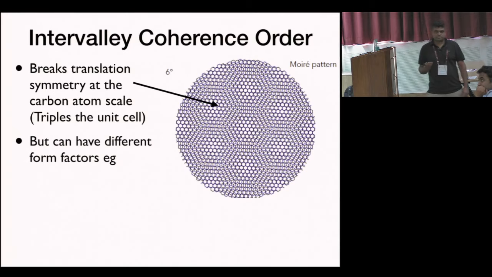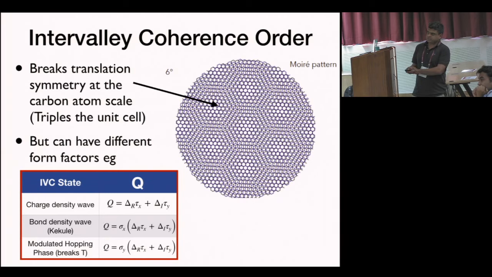So this almost looks like an internal symmetry if you're sitting at the big scales of the Moiré lattice. It's like you have this U(1) valley symmetry. The number of electrons in each valley is conserved, but then that spontaneously breaks because of this coherence, and you end up breaking this microscopic translation symmetry. The important thing is that there are many different ways in which you can break this threefold translation symmetry.